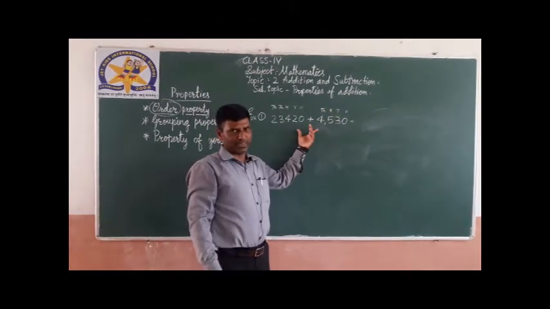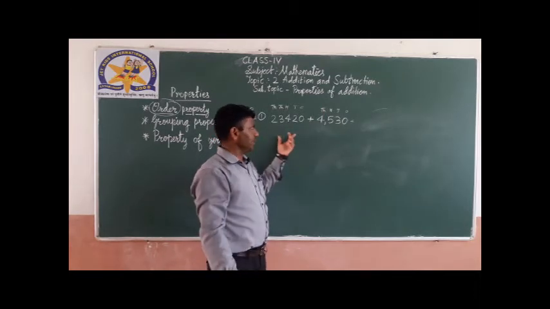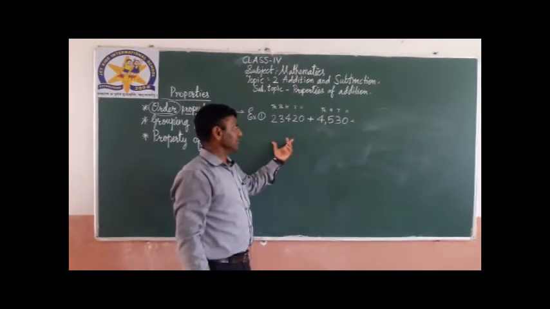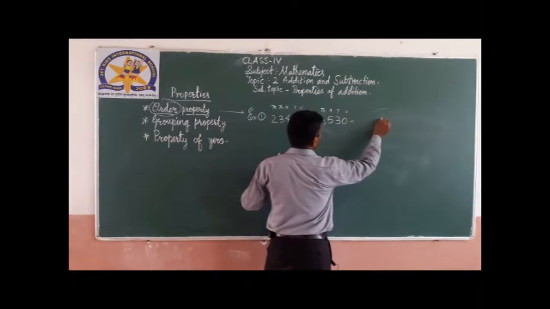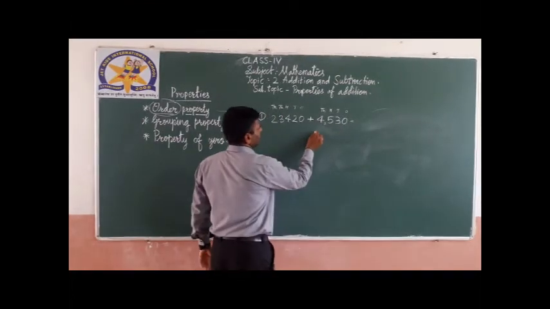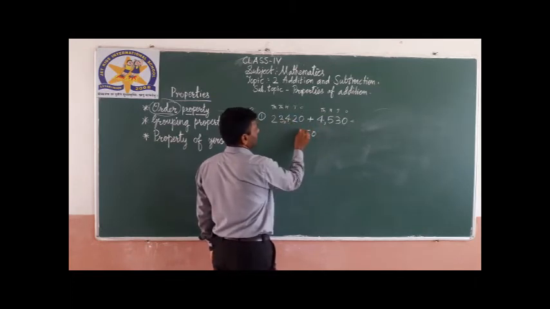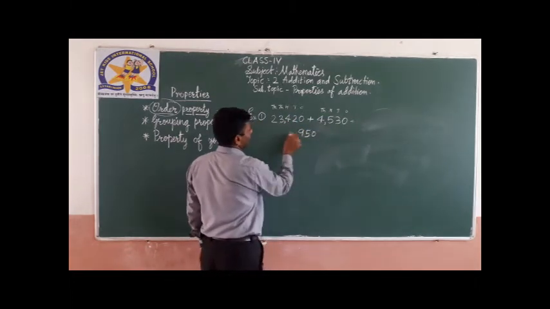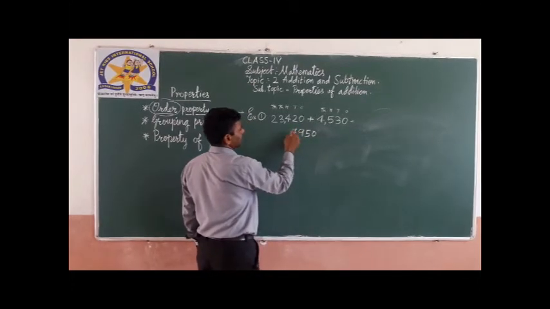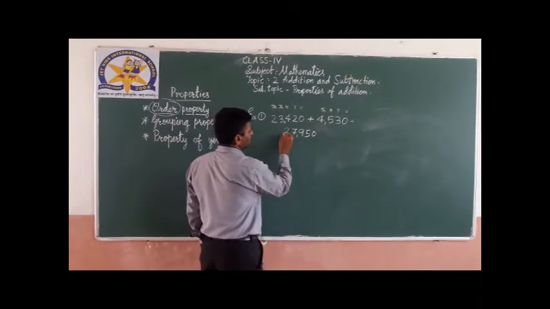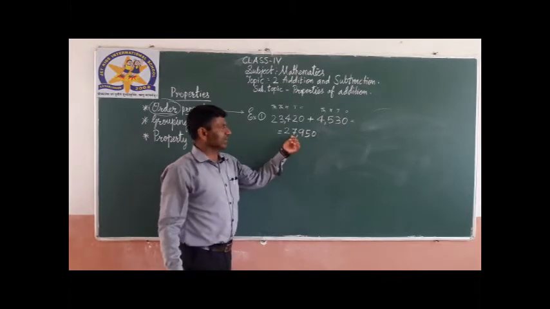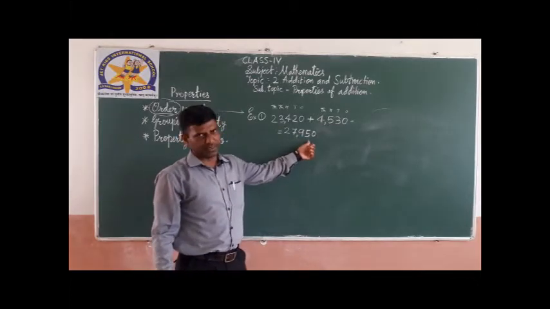What is the sum of this? You can write vertically and solve. I will write here 0, 3 plus 2, 5, 5 plus 4, 9, 4 plus 3, 7, 2. This is the sum, 27,950.